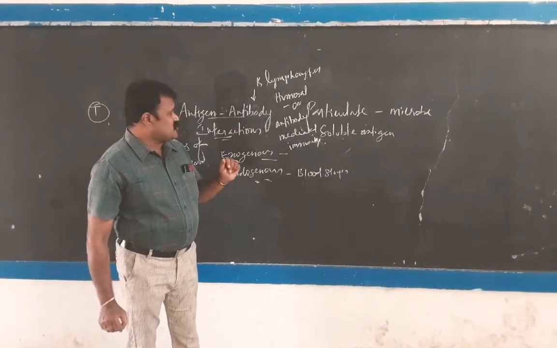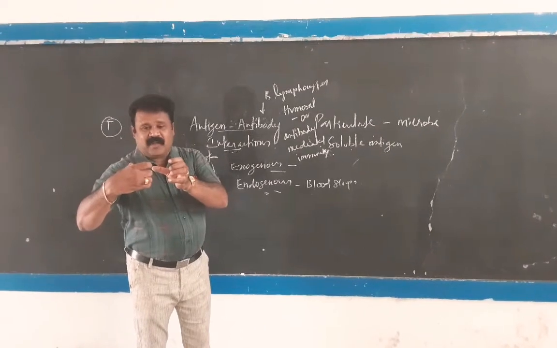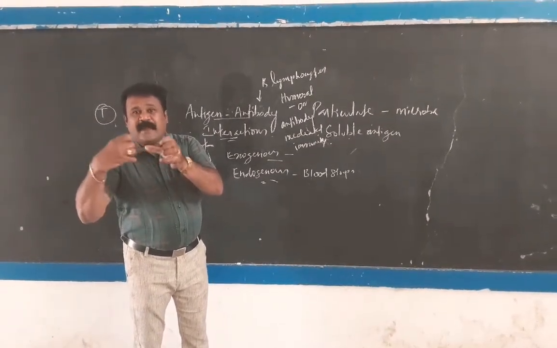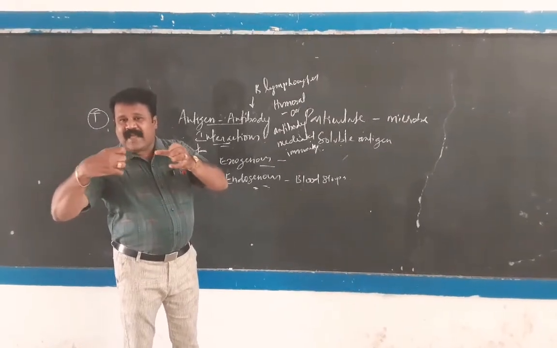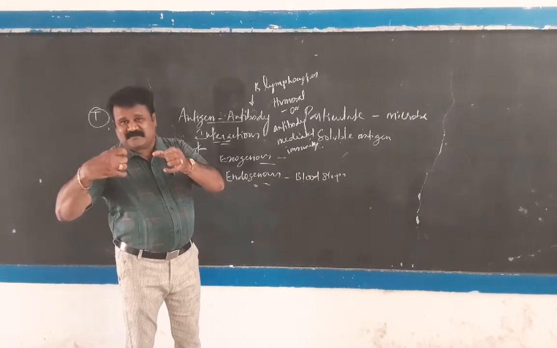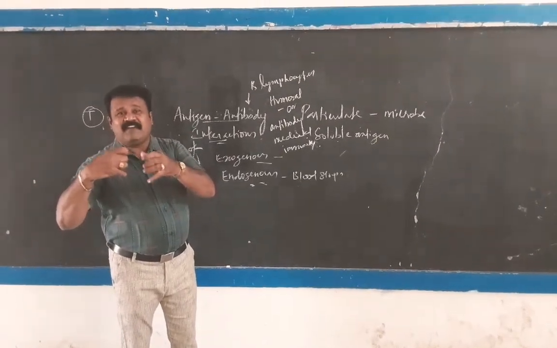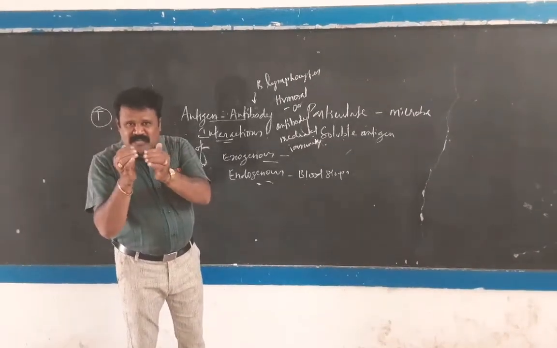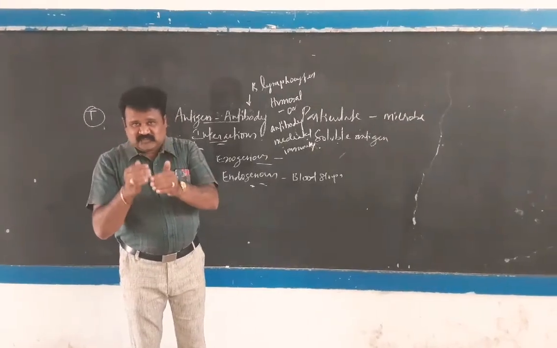First and foremost, imagine this is the antigen, this is the antibody. The closer they are, the stronger the binding. If the antigen and antibody leave a distance between themselves, the strength of binding will be very low. So if they go nearby each other, the force of binding is very strong.